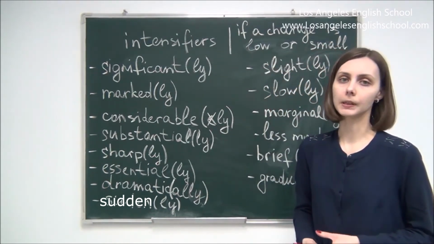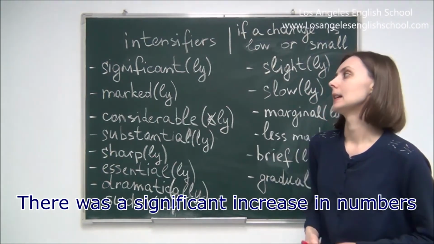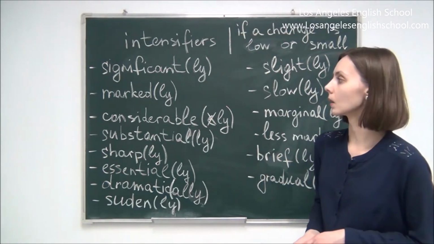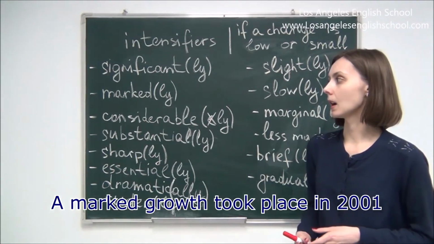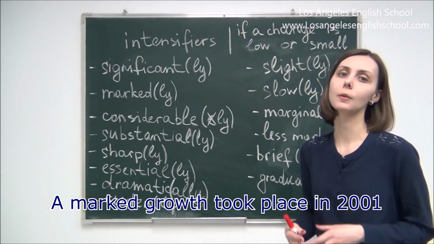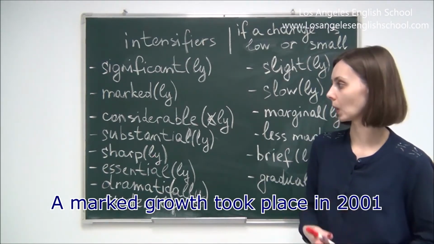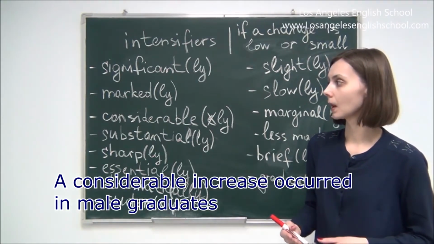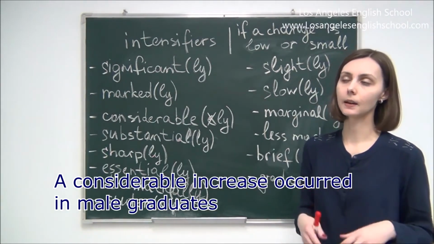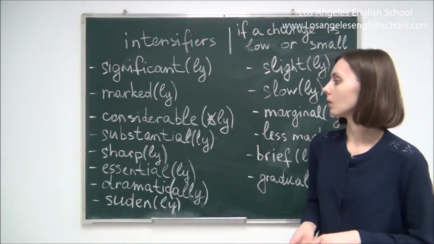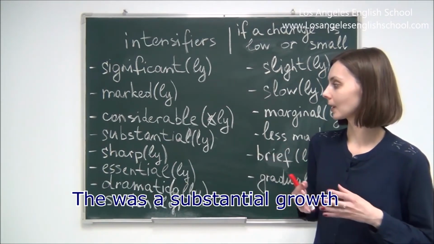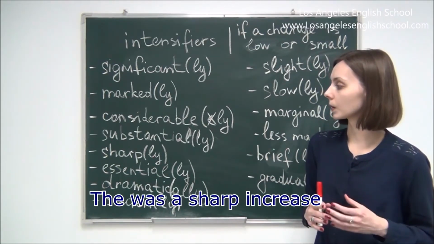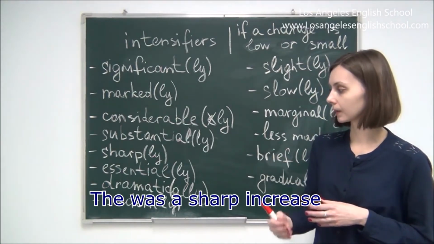For example, you can say that there was a significant increase in numbers, or a marked growth took place in 2001, or a considerable increase occurred in male graduates, or there was a substantial growth, or there was a sharp increase.